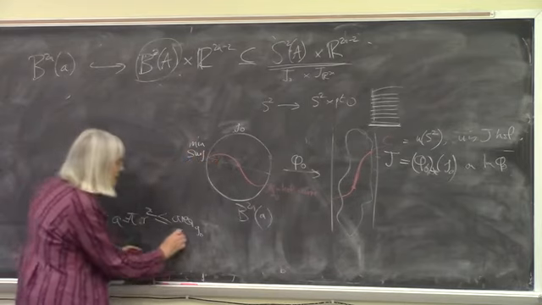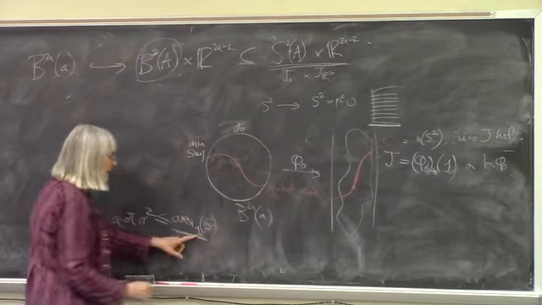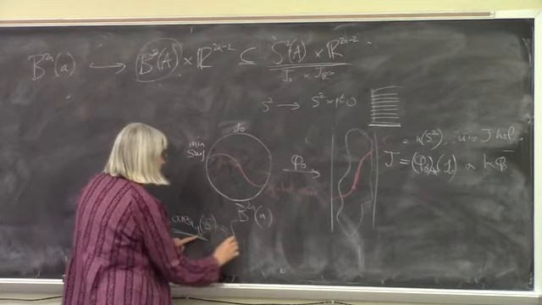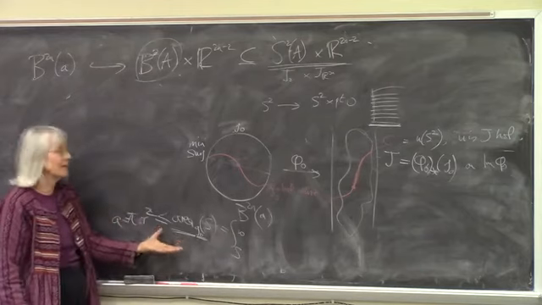On the other hand, the G_0 area of this surface S is in fact the same as the symplectic integral of the symplectic form on S, because it's holomorphic; you can check that very easily.